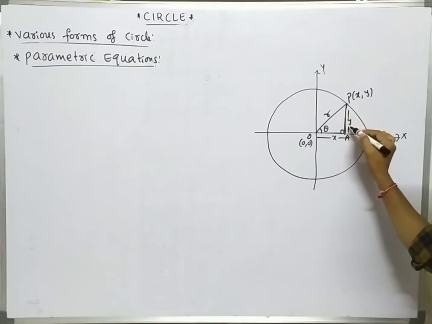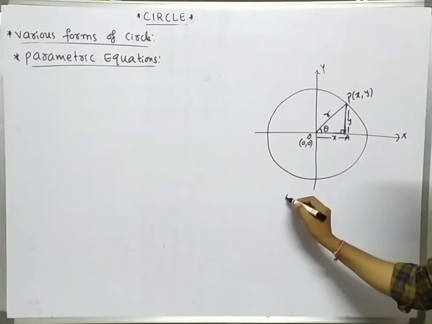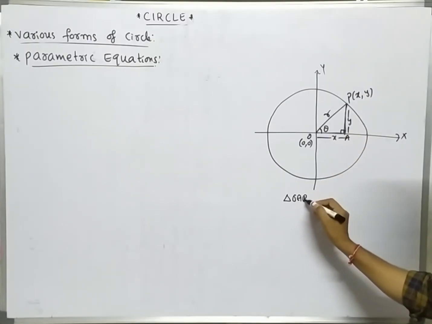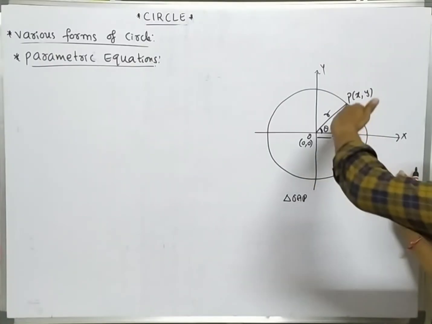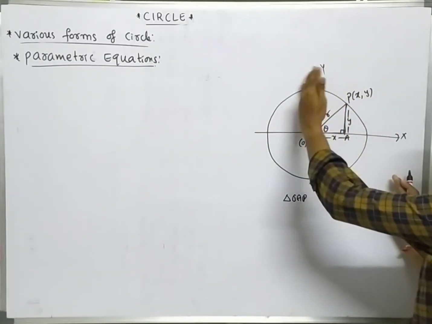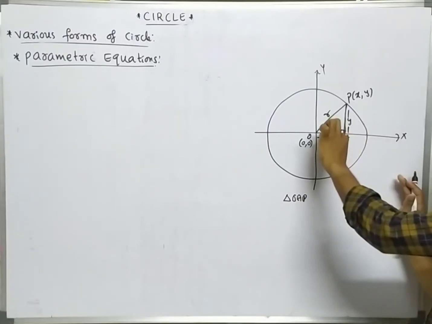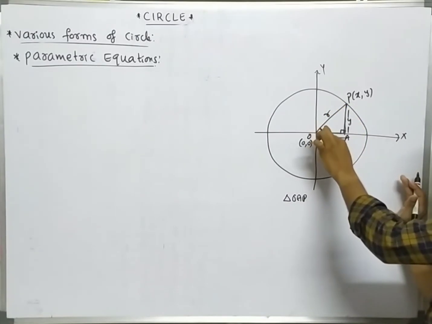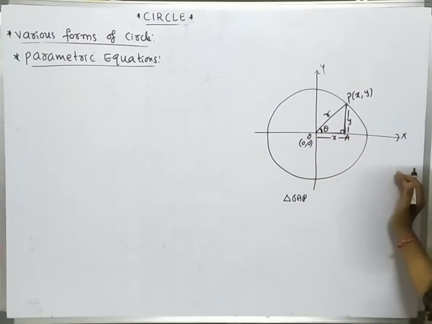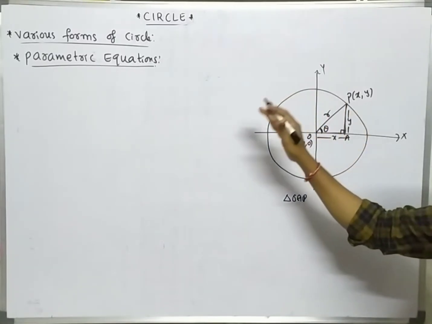So then this distance is y, right? So from this triangle OAP, this is the angle theta. So this P moves from here to here, that means this radius is making angle theta with the positive x-axis, and this varies from 0 to 2 pi.